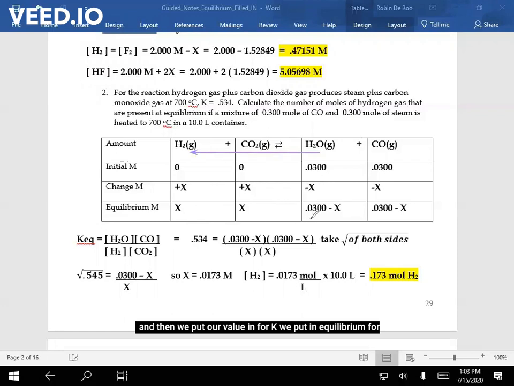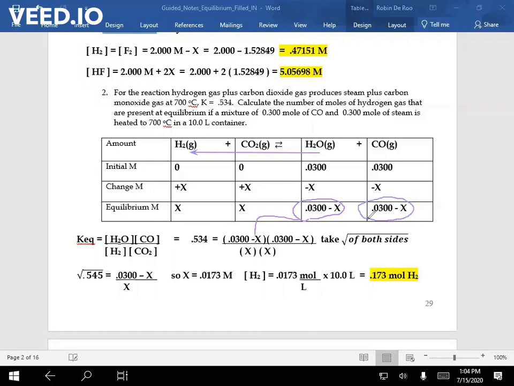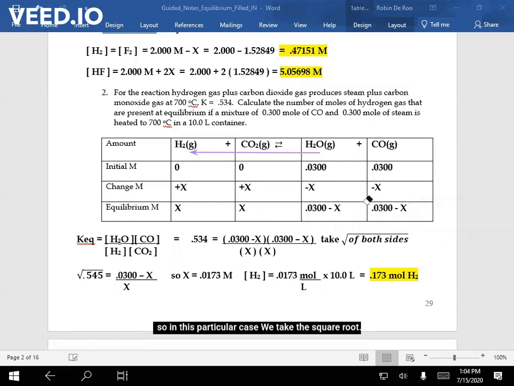We put in our equilibrium for the steam, our equilibrium for the carbon monoxide, and then the hydrogen gas was X, and the carbon dioxide gas was X. So in this particular case, we take the square root of both sides to simplify.